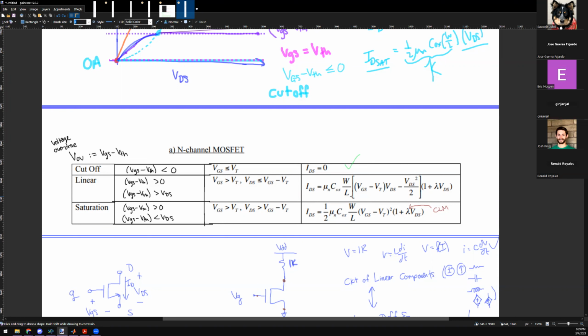Aren't the saturation equations the same, but essentially the comparisons, like greater than, equal to, or less than, are different? Like it's just flip-flop. That's not how I would recommend it. Every time you see VGS and VDS, I put an absolute value and I let my logical reasoning handle the relative value.